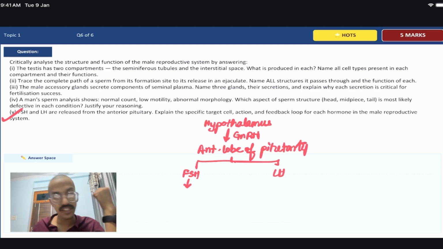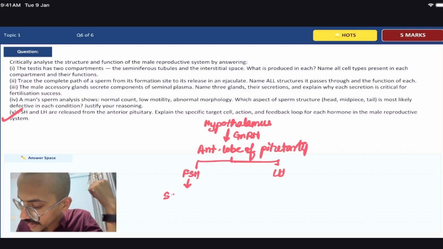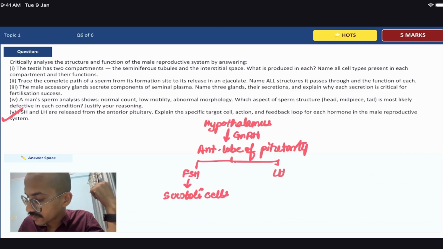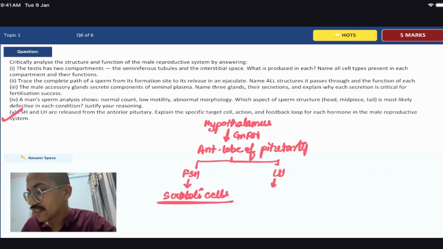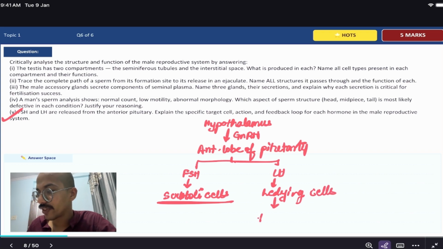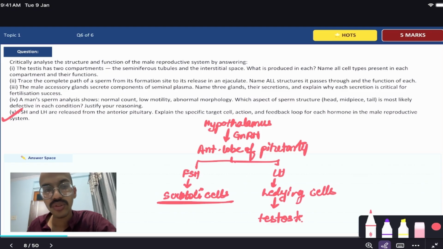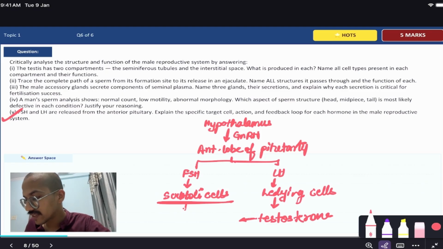The FSH will act on the Sertoli cells, and the LH will act on the Leydig cells. This Leydig cell will secrete androgen, that is testosterone. And this testosterone as well as Sertoli cells together will do what? Spermatogenesis, meaning sperm formation.